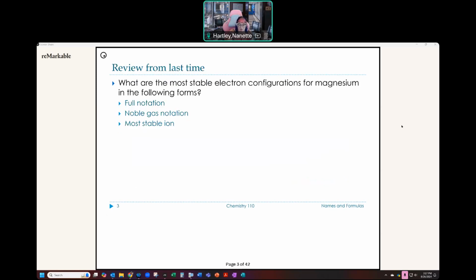All right, review from last time. I want to know, what are the most stable electron configurations for magnesium in the following forms? So I want the full notation, the noble gas notation, and our most stable ion. I'm going to ask you to take a break here and write all 3 of those notations down.